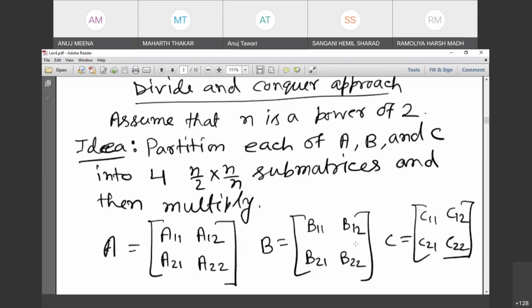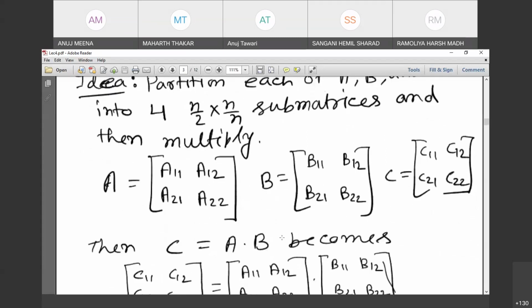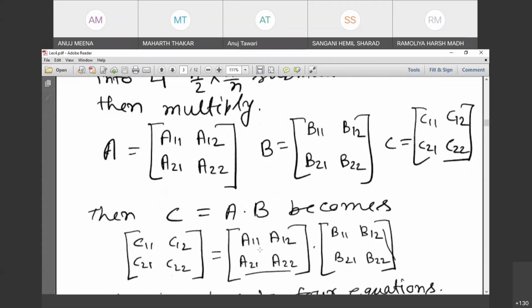Why are we going with 2 cross 2? Because this is the easiest case of multiplying matrices. You could try different things like 9 submatrices of size n by 3 cross n by 3, but that will give you slightly worse running time. Convince yourself that this is the best strategy.